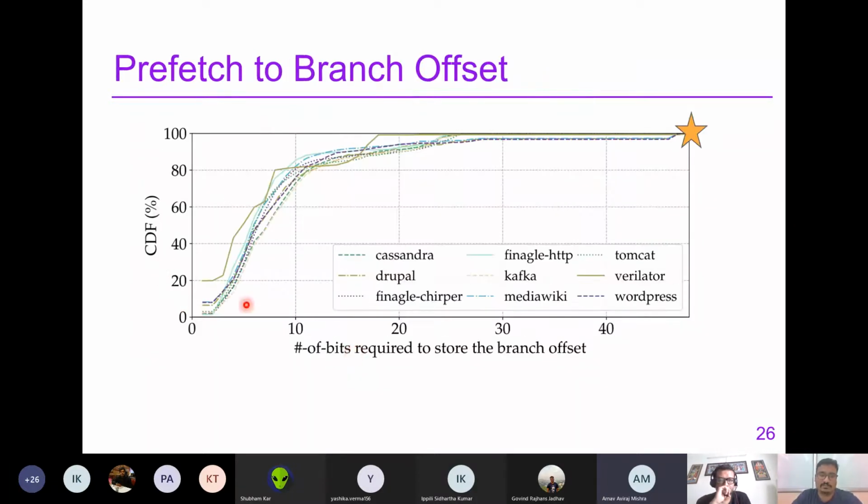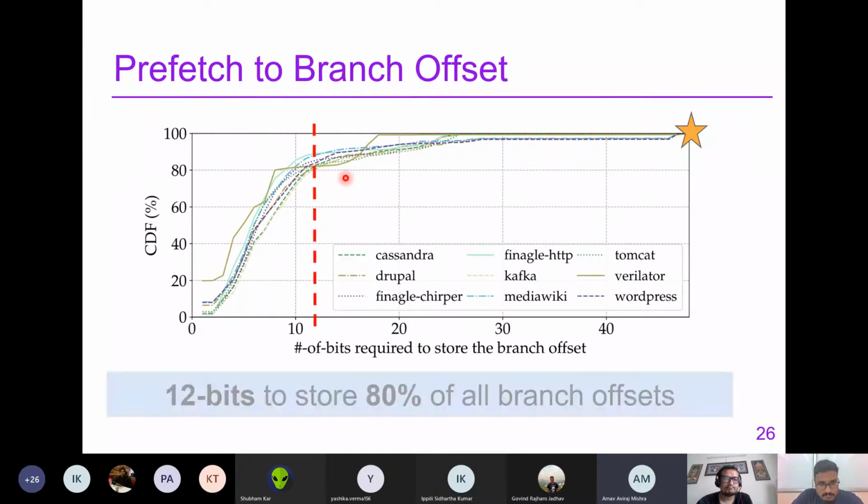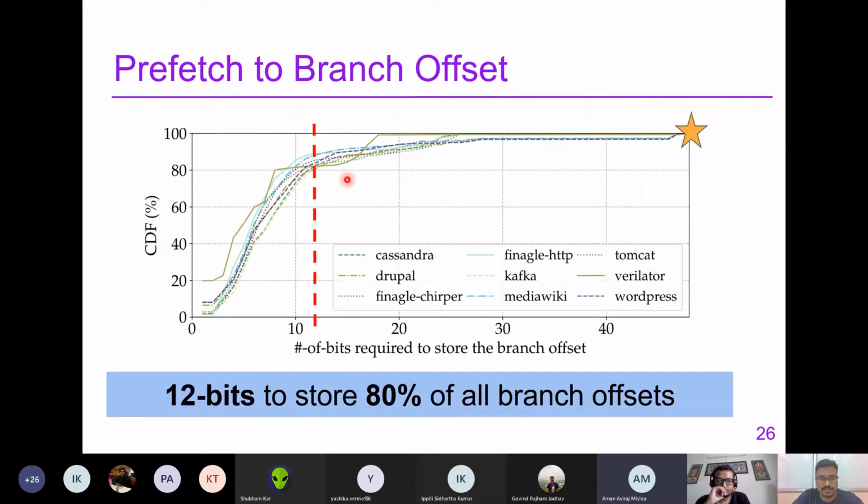To see that, we will take a look at the CDF of the prefetch instruction to branch offset. Here, we need only 12 bits to store 80% of all of the branch offsets.